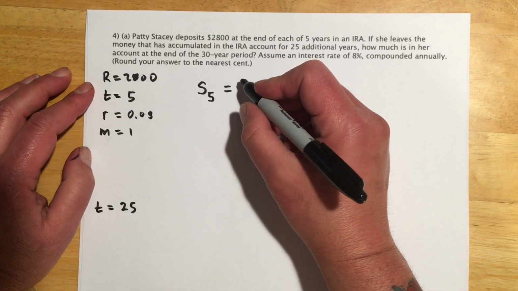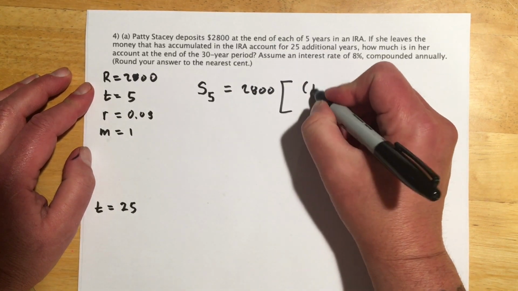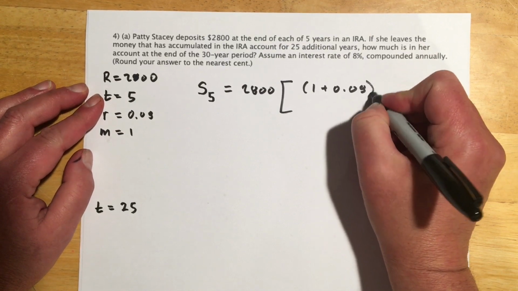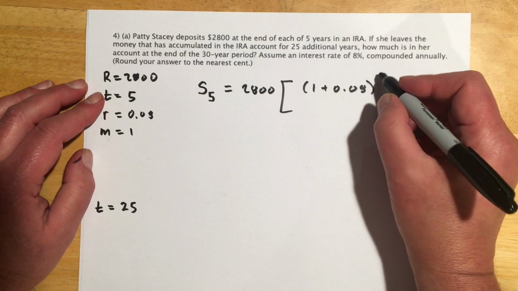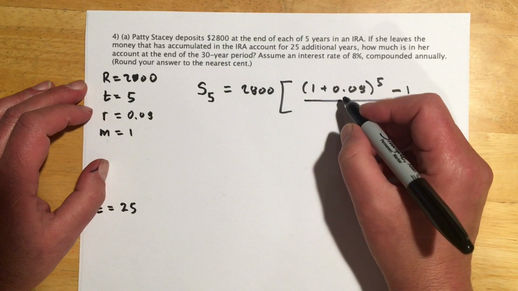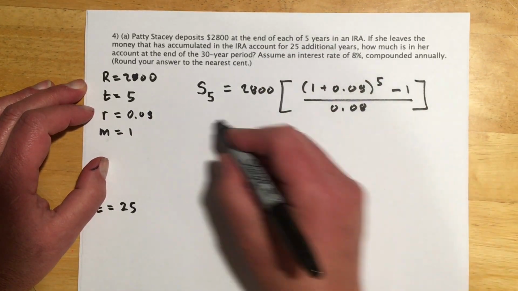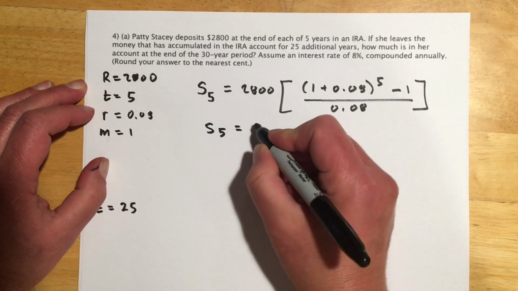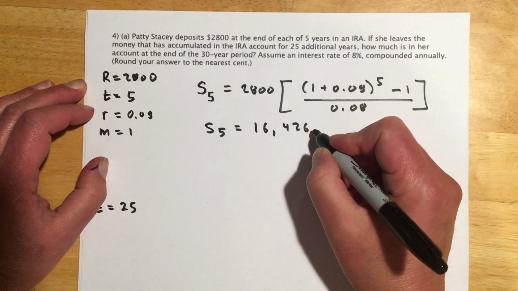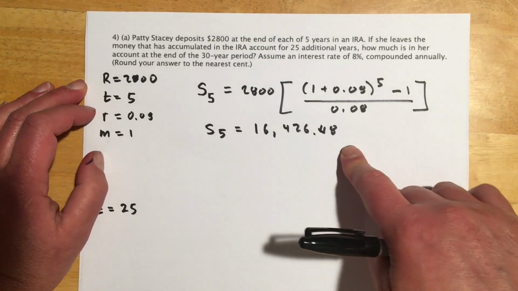And we know that the payments are $2,800 a year, and it's going to be 1 plus the interest, because that's our I this time, raised to the time in this case, minus 1 divided by that I again, so 0.08. And so if we do that in the calculator, what we get is S of 5 equals $16,426.48. So in 5 years, this is how much money she has.